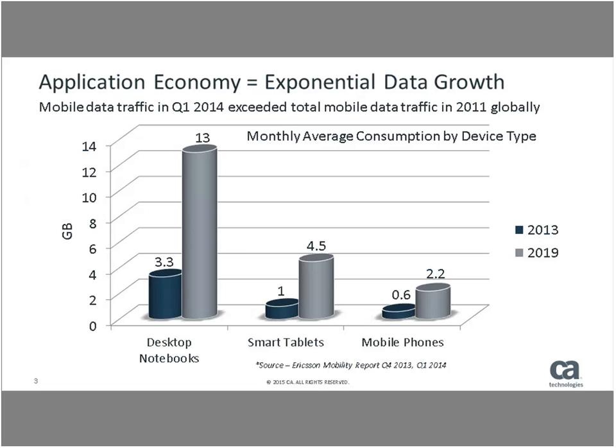So I think we're all aware application economy is equal to exponential data growth. So whether you're at home watching Netflix and pulling down vast amounts of video data, or whether you're at work, there's a lot of data growth, and just managing that and being successful with network management in this environment is becoming ever more challenging. And it's also becoming challenging because increasingly IT is a part of the public space of your company.